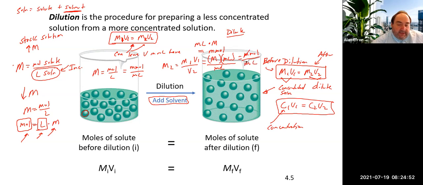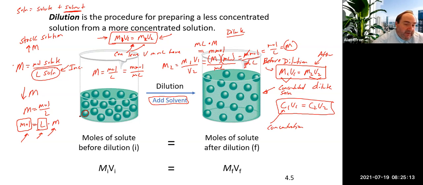The millis will cancel out and return you to moles per liter, which is molarity. So specifically, and only in this situation, you can leave the volume in milliliters as long as it's milliliters on both sides.